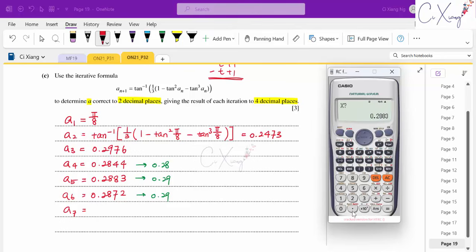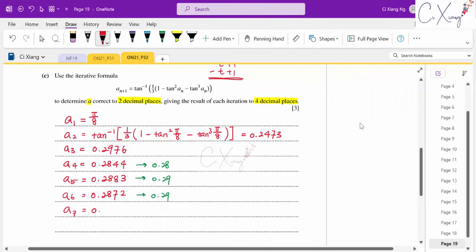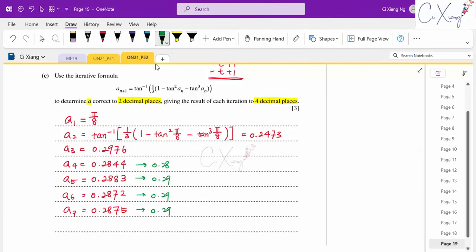So calculate again, 0.2872, then press the equal sign. So I'm having 0.2875. Again, double check the 2 decimal places answer. Very obviously, it equals 0.29. So from here, you can make a conclusion that the root is equal to 0.29.